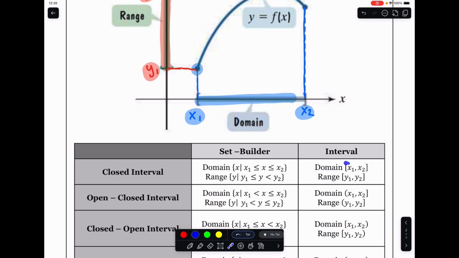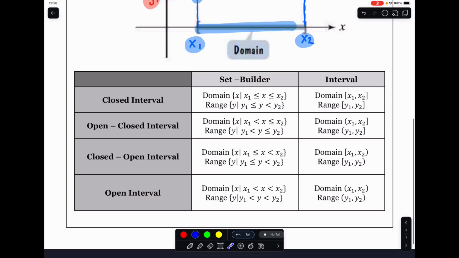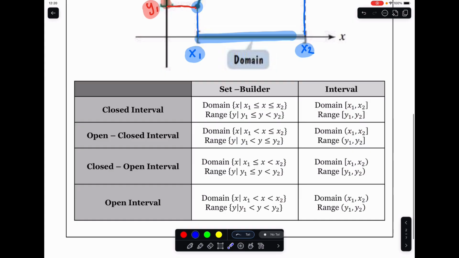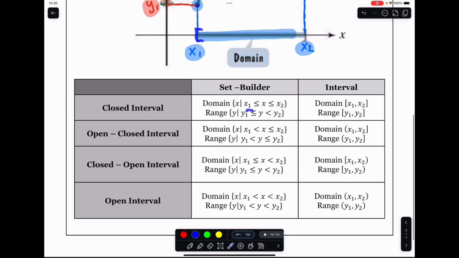Now, depending on whether we're going to include the endpoint, we'll determine again which type of brackets or parentheses we're going to use, and where we're going to use them. In this example, because of the closed circles, we're going to include them, so we would use brackets on the two endpoints to indicate that we're including them there.